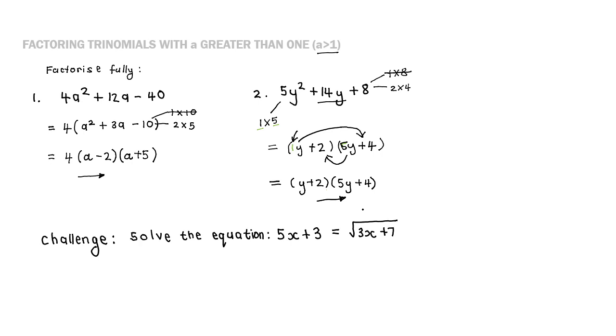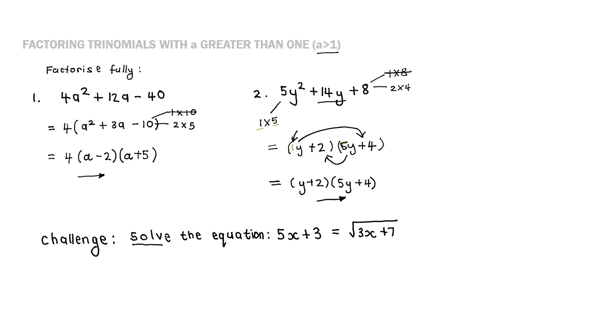Now I'm going to tell you that this equation over here is going to transform itself into a trinomial. It has a trinomial embedded inside of it, and that trinomial is going to come out when we are trying to solve for this x, because that's the instruction. So the instruction before was to factorize, but now the instruction is to solve the equation.